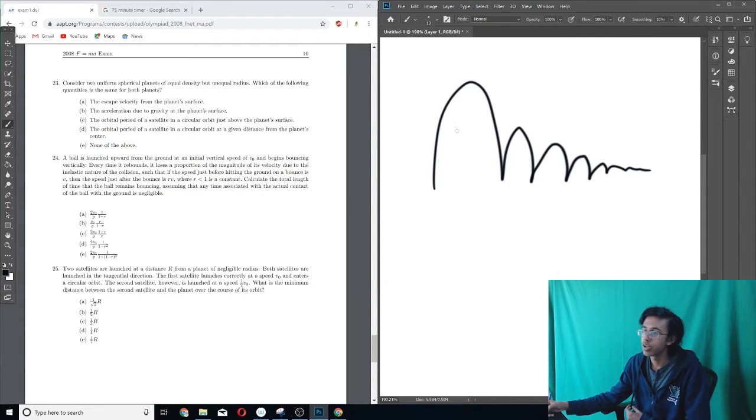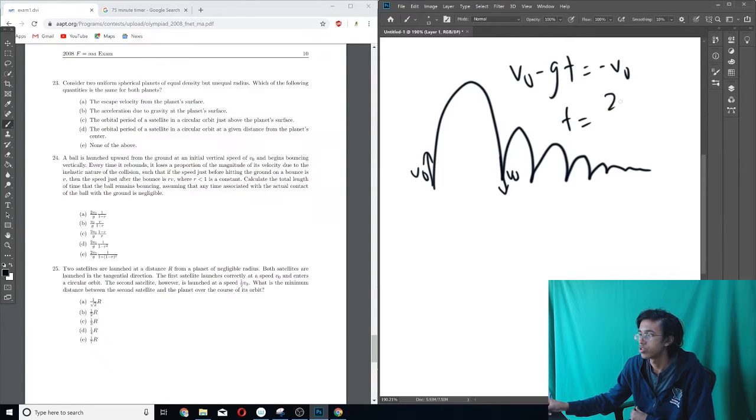Okay. So the equation for the time spent in the air, you could just derive it from this. We know that it starts with v0 here, but it ends with v0 on the way down. We know its acceleration too, so we basically have v0 minus gt is equal to negative v0. And then t is just equal to 2v0 over g.